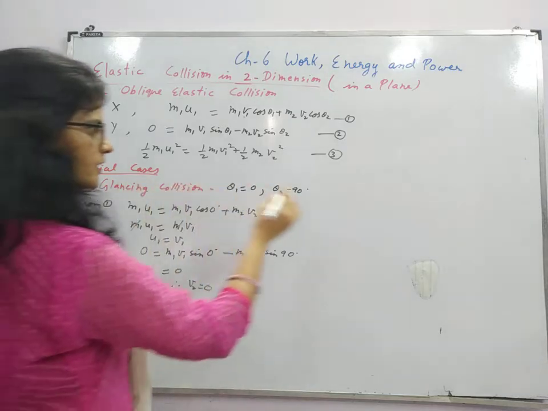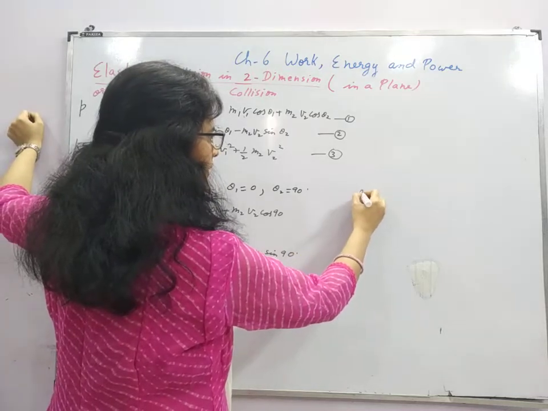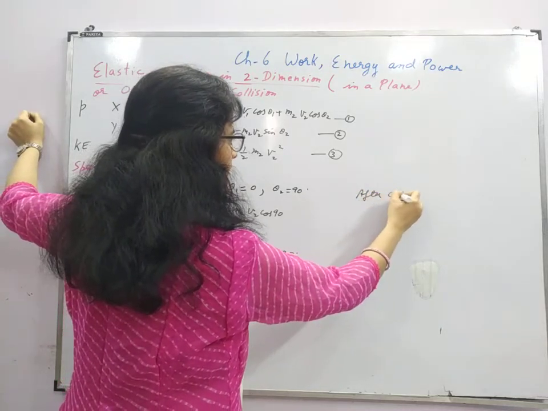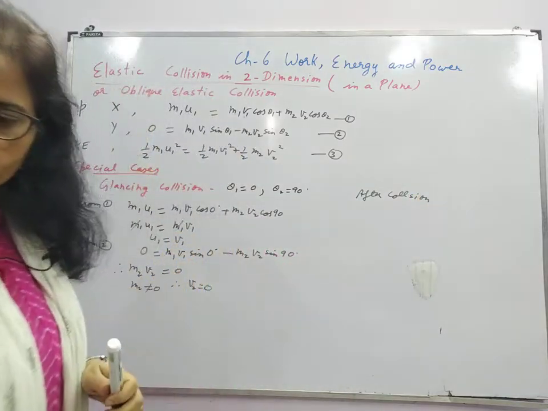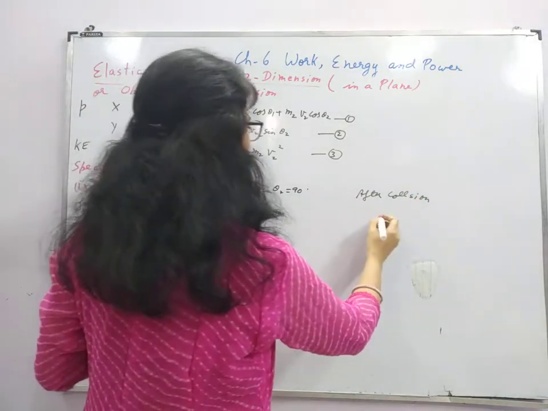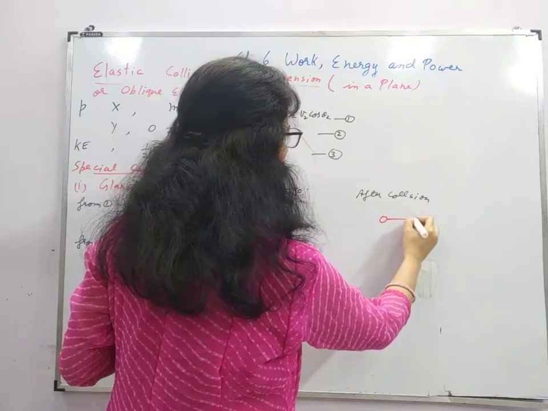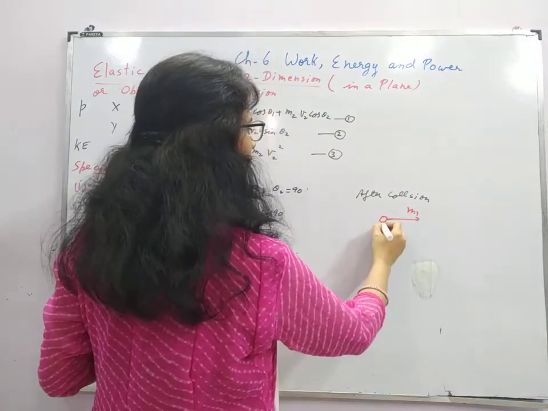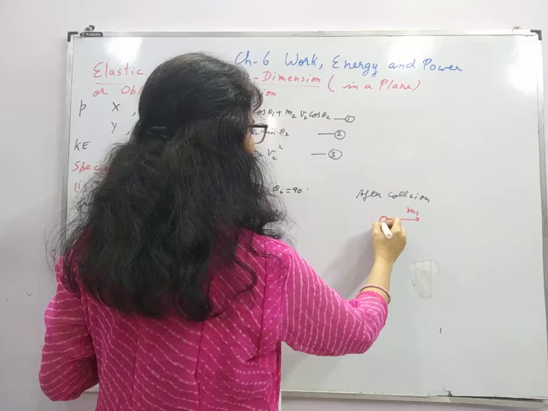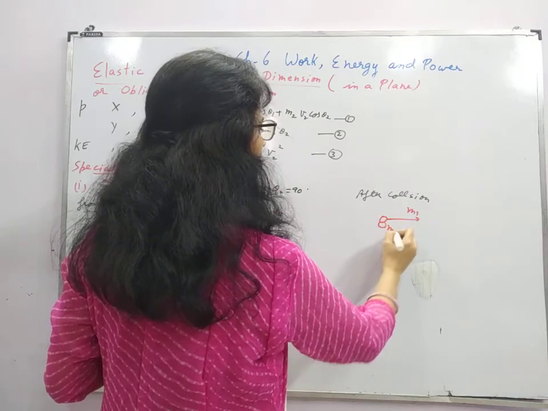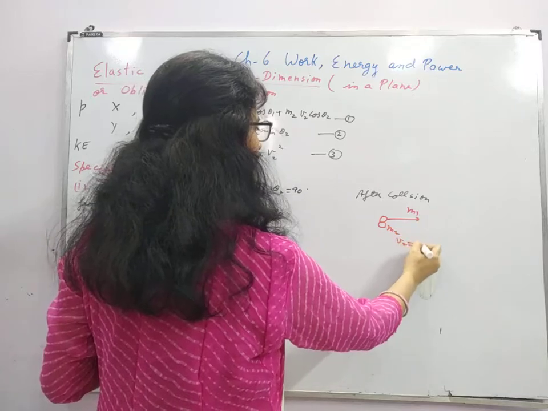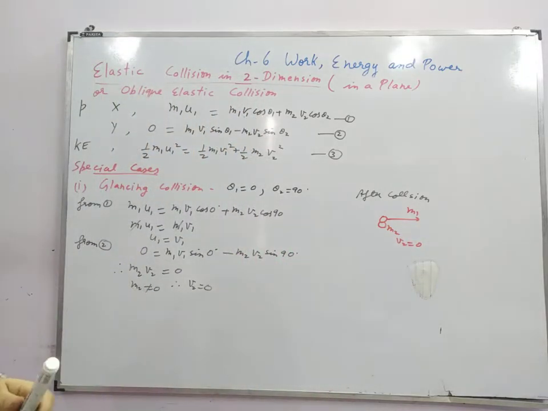So what is the case? Here I am drawing the diagram after collision. According to this condition, the first particle goes this way and the second particle stays here only. Why? v2 is 0, right?